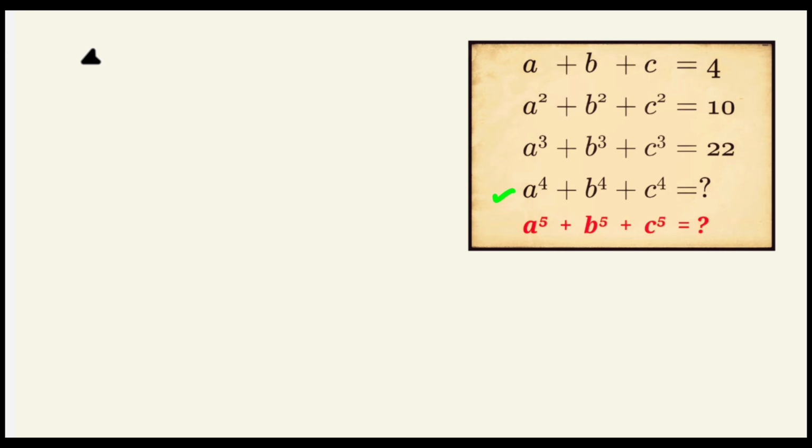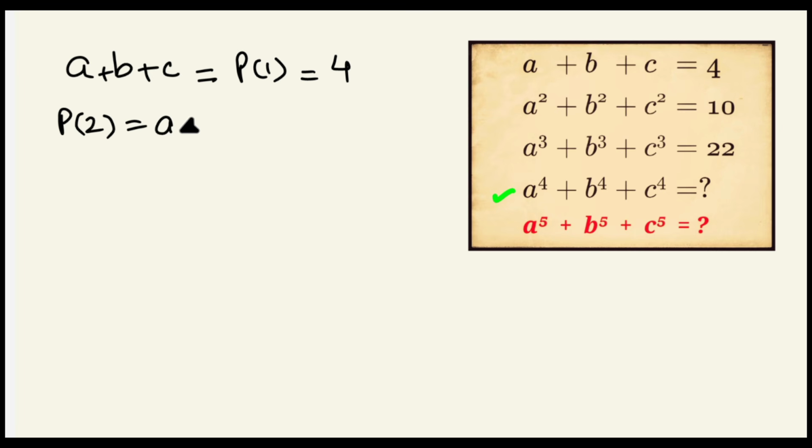Let's define certain notation before we proceed to solve this problem. So I'll call a plus b plus c, which is a polynomial of degree 1 with 3 variables, p1, and its value is known, 4. Similarly, p2 will be a² plus b² plus c² and its value is also known, it's 10.